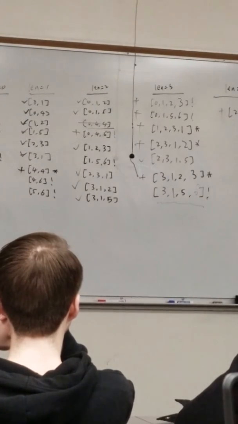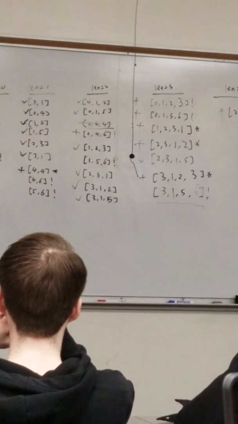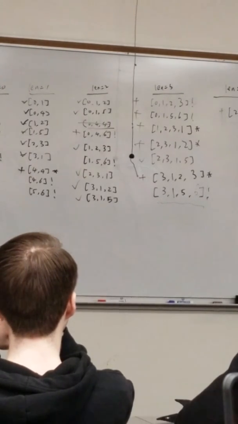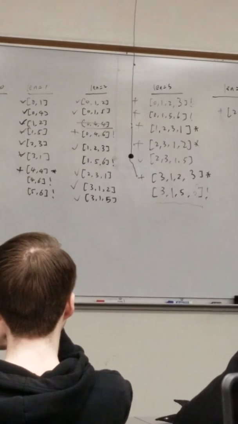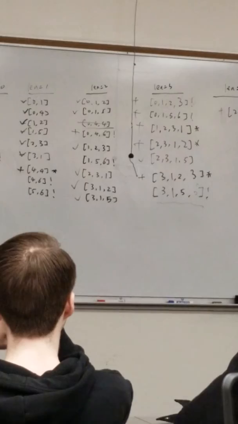Okay. So the way we do it is that we're going to do extension. We're going to make sure the test path has to begin with the initial node and finish at the final node. So this one finishes at the final node.